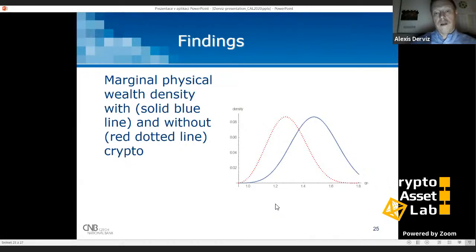If we take as a benchmark a world without cryptocurrencies, a world in which they do not exist or are not allowed to exist, what you get in terms of marginal physical wealth density is the red dotted line. You allow crypto assets, then the distribution shifts to the right.